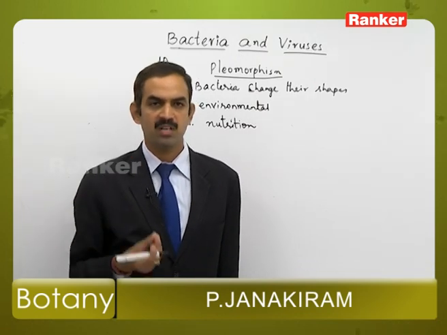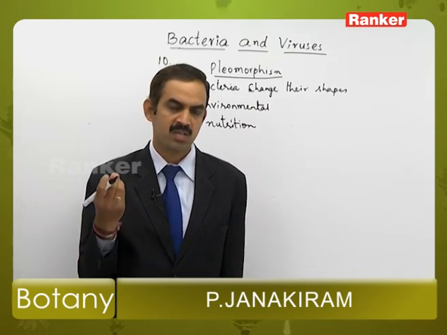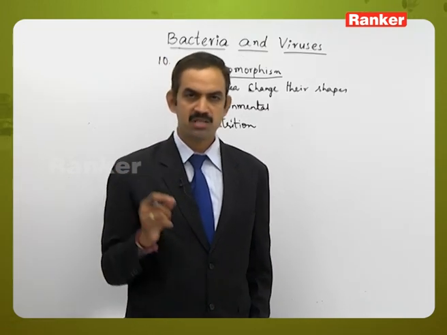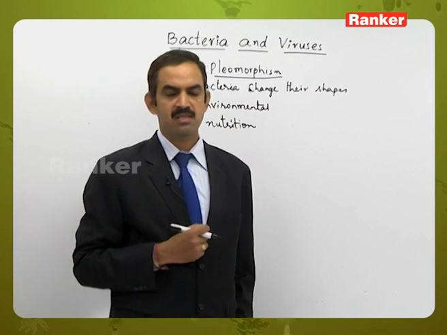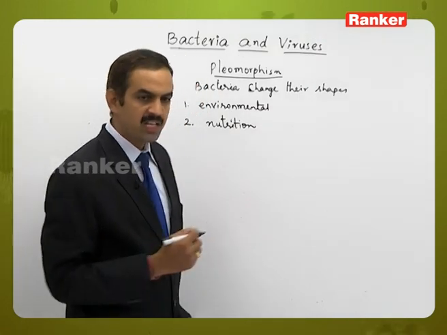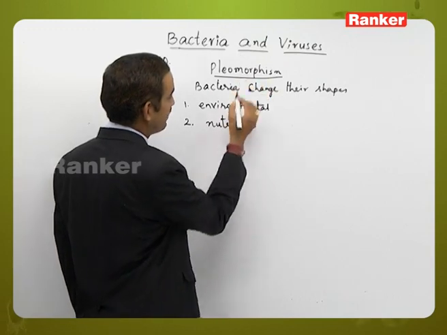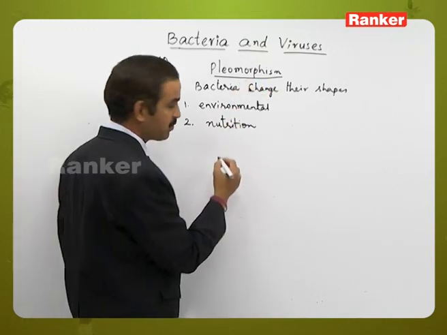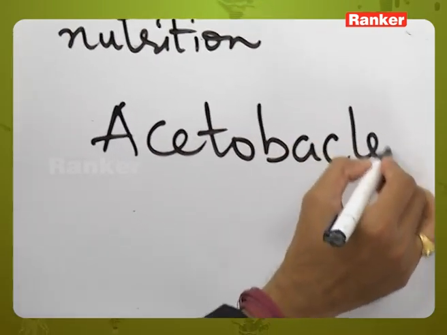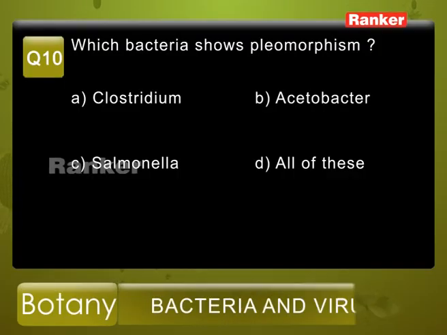Otherwise they may be converted into vibrio shape, or spherical or spring like structure. Likewise they change their shape depending upon the environment and the nutrition available to them. That character is called pleomorphism, and it is exhibited by a bacterium called Acetobacter. So from the given options, option B is the correct answer.